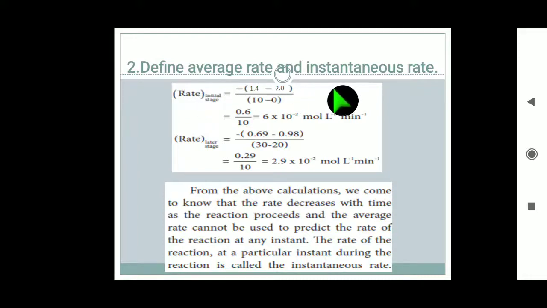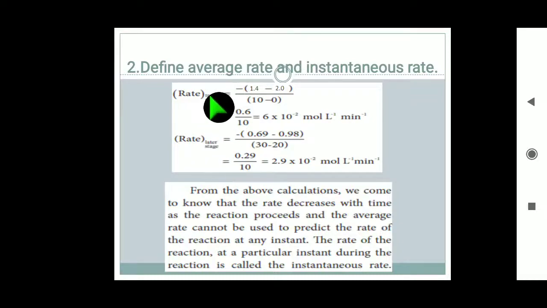Question number 2. So in the same table of cyclopropane, we can find the average rate and the instantaneous rate. The average rate, we have to take 2 stages for getting the average rate: initial stage and later stage.